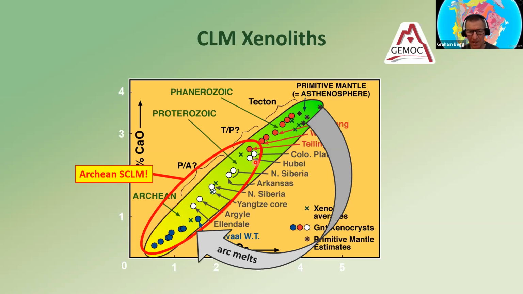We have dated all these mantle xenoliths. These are all Archean, and we are now finding that some of these guys up here are Archean. So what we're seeing here is the effect of the arc melts gradually refertilising these old roots. And the more activity you have, the more refertilised the roots become.